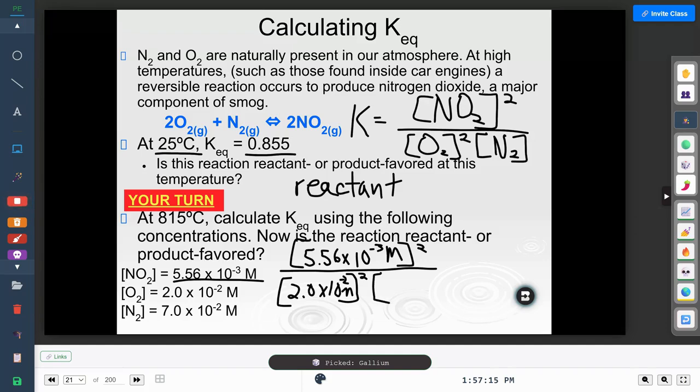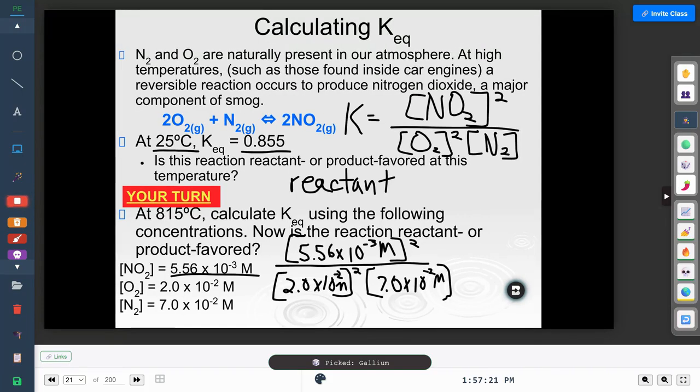And also divide it by 7.0 times 10 to the negative 2 molar. Once you've got that answer, let me know.